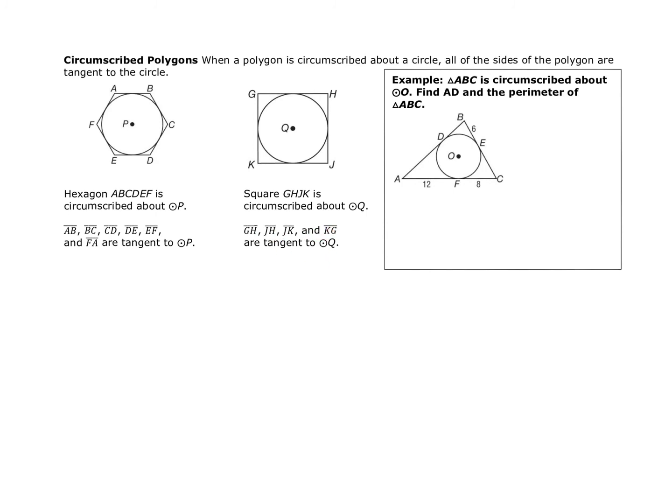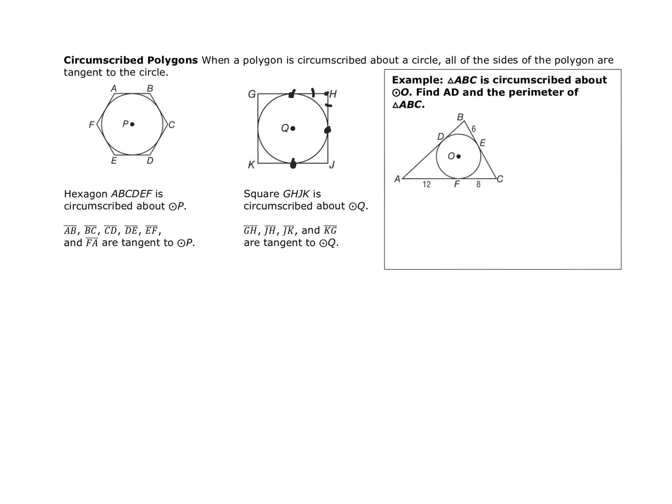The square is a little bit easier to see. We have all of these points of tangency. This tangent line HJ and GH both intersect at that point H, so these two little segments have to be equal.